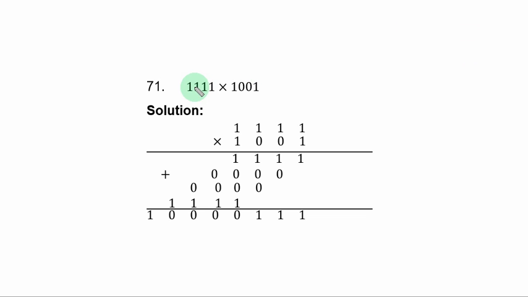Example 71, you have 1 1 1 1 times 1 0 0 1. You arrange the numbers. If you use the first digit from the right, you have this result.